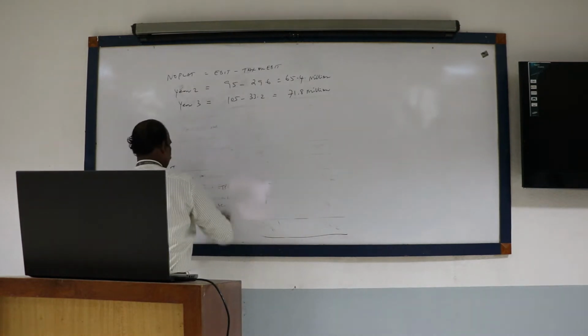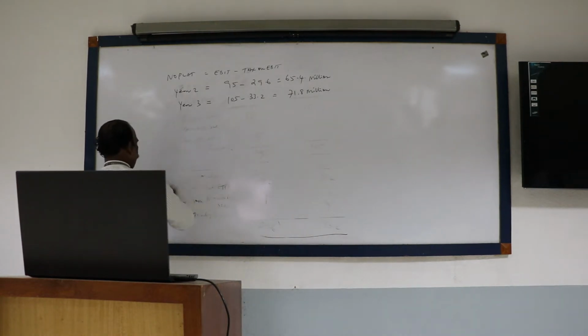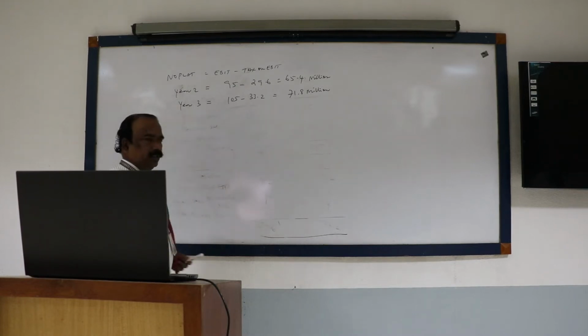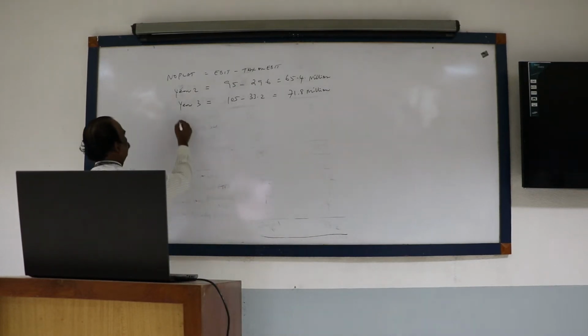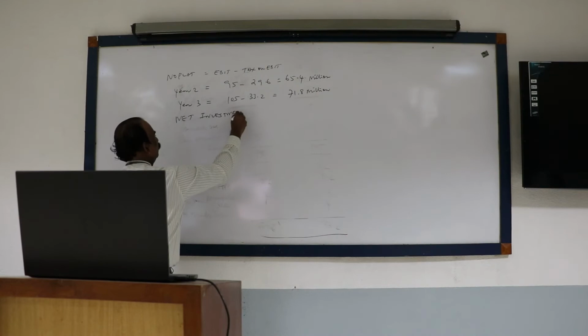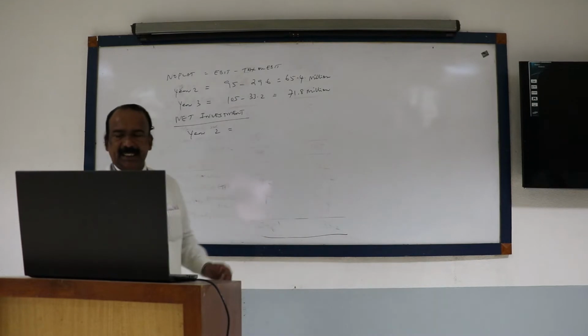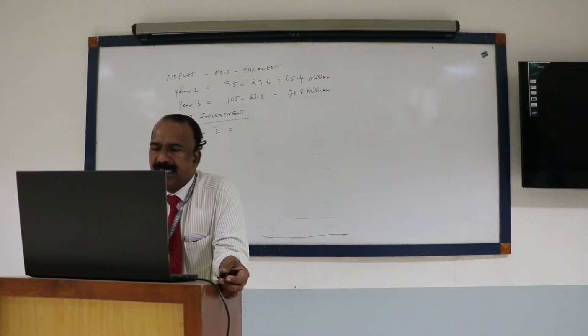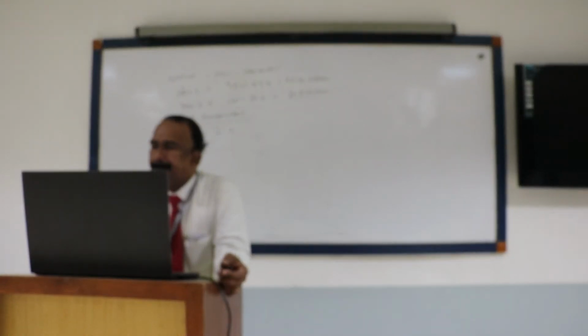Year 2 net investment. Net fixed assets at the end, the second year, is 300.